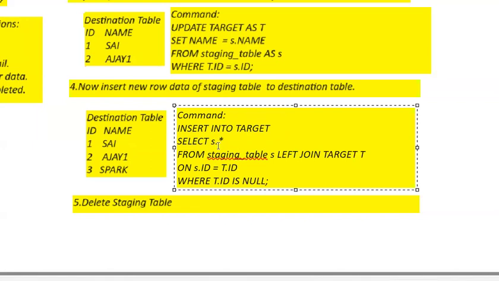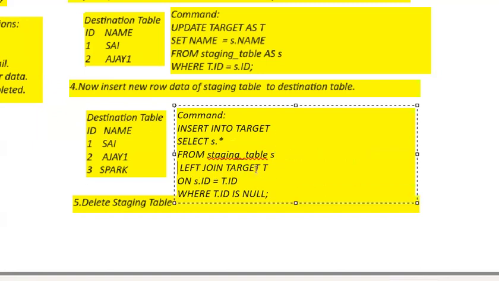From S, where this S is aliased in the third line. How are we aliasing? We are aliasing from the staging table. So from the staging table, we are selecting all the columns in the second line, and we are aliasing in the third line.